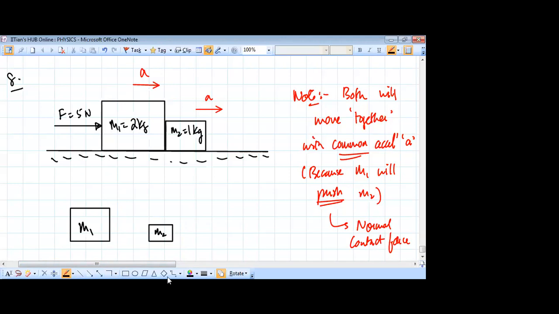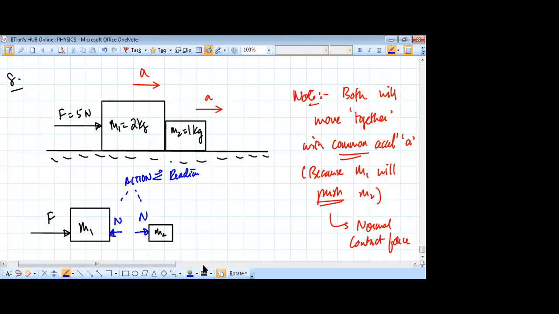Now the moment I'm applying this force F on M1, because M1 is against M2, it will start pushing M2 with some normal contact force N, and because of the action reaction principle, M2 will be pushing it back with N. So these two are an action reaction pair.